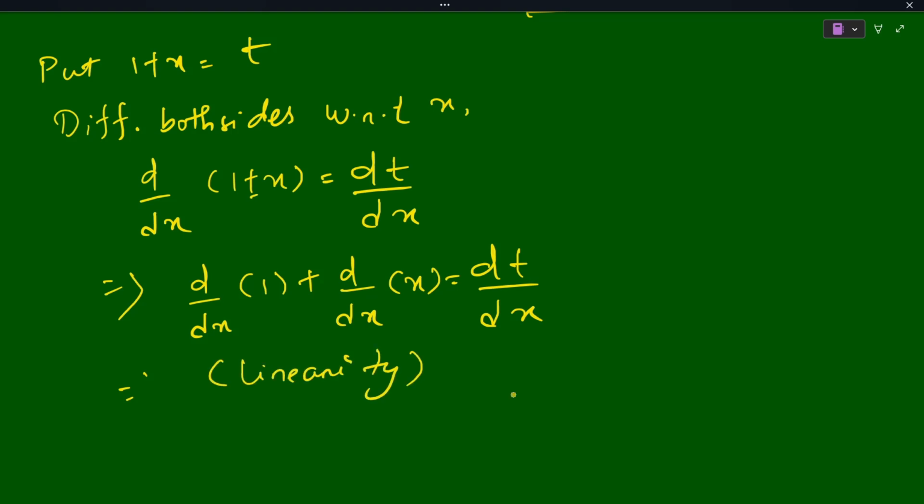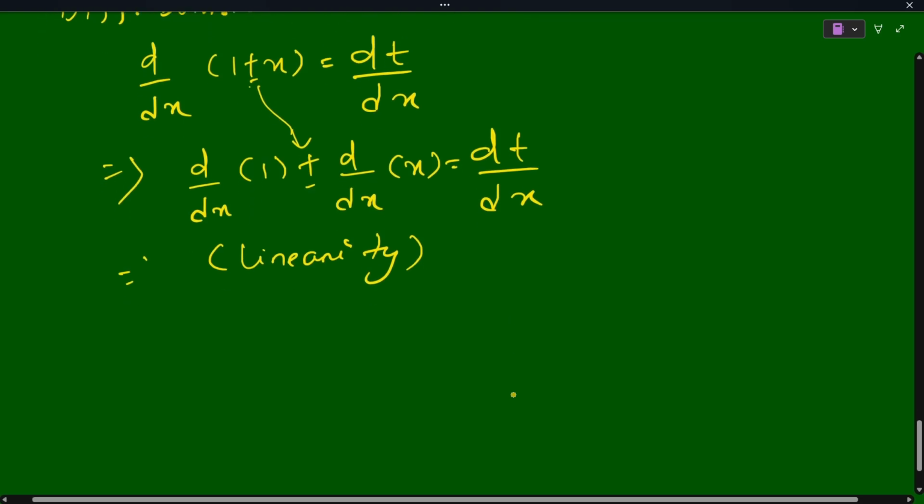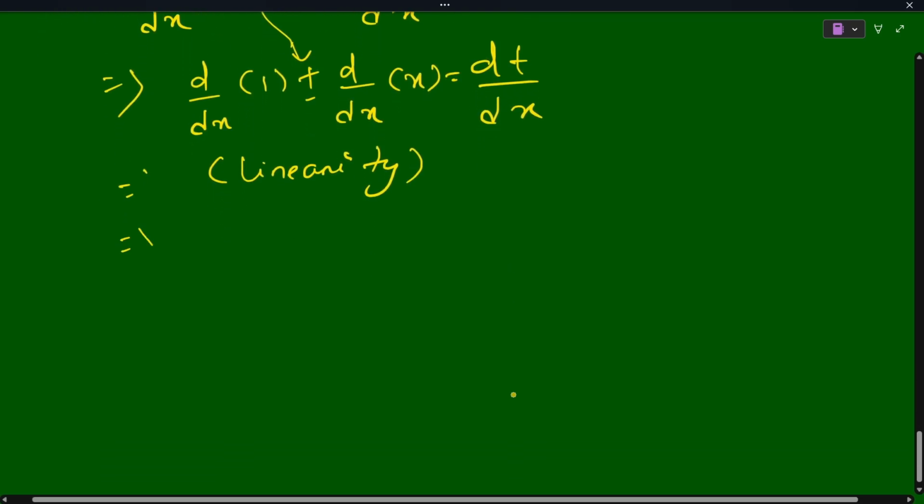Now see, in this linearity principle, if the value is in plus sign, then it will remain a plus sign, and if there is a negative sign, then after the linearity principle it will be a negative sign.